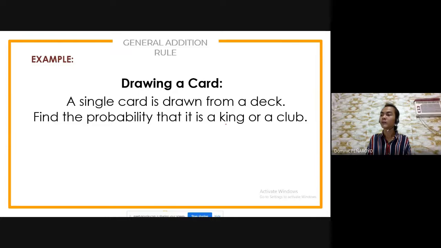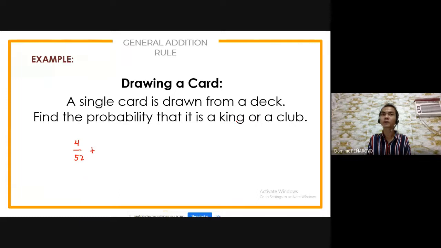So, we have here 4 out of 52. So, meron tayong apat na king. That's king of hearts, king of diamond, king of spade, king of club. Now, since it's or, so add tayo, or a club.